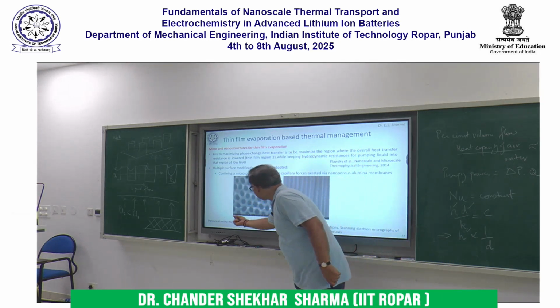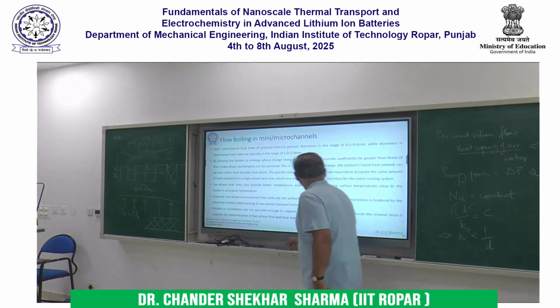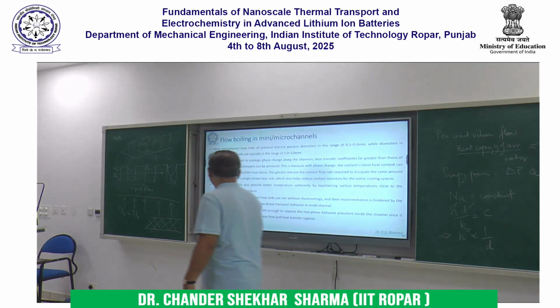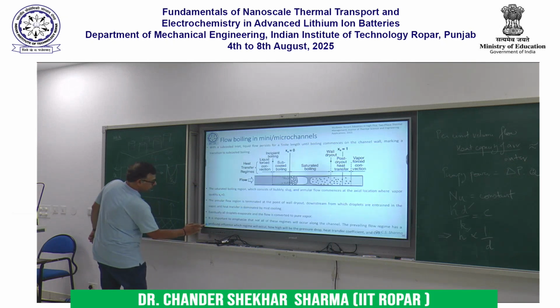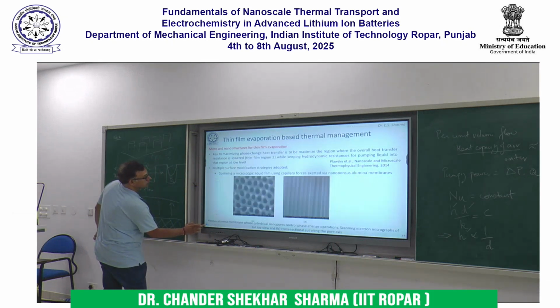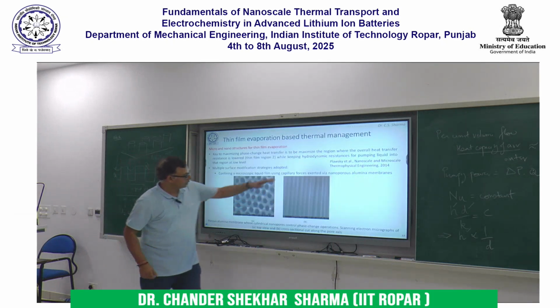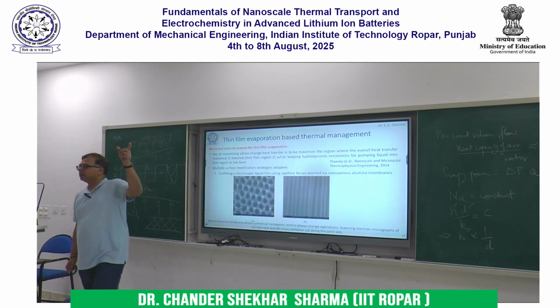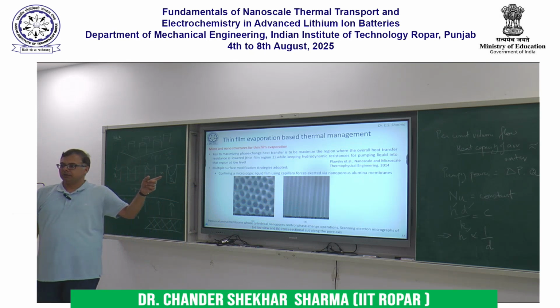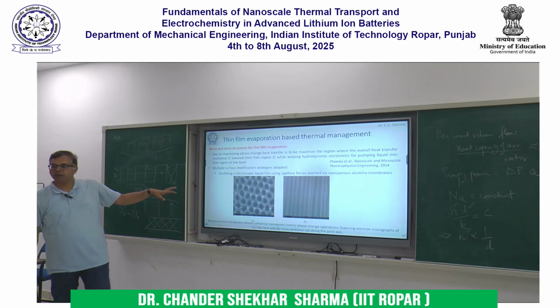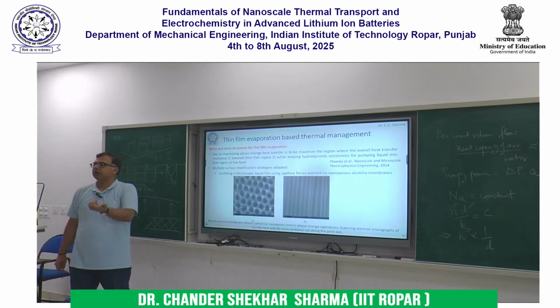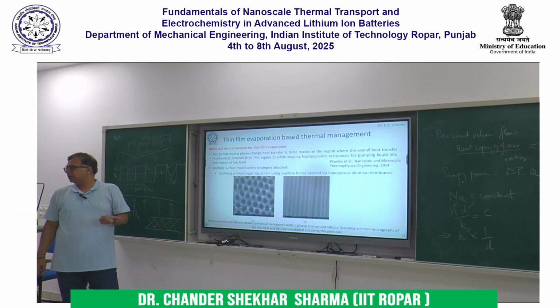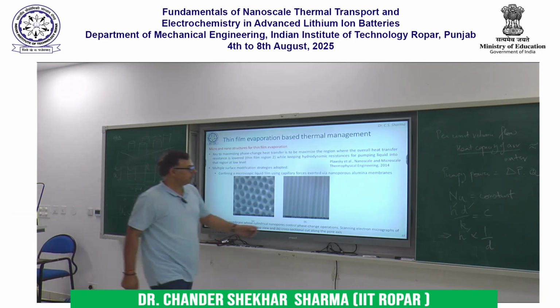If you see the scale, the whole scale is very small. Different kinds of textures can be made to try to maximize that thin film region that I was mentioning. Many research groups are working on this problem to develop new textures either at the micro scale or the nano scale.